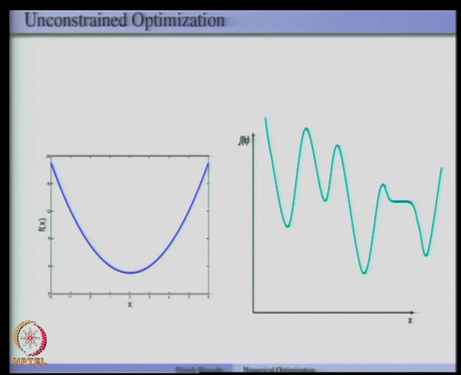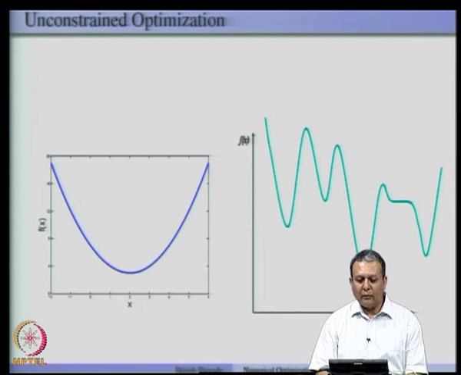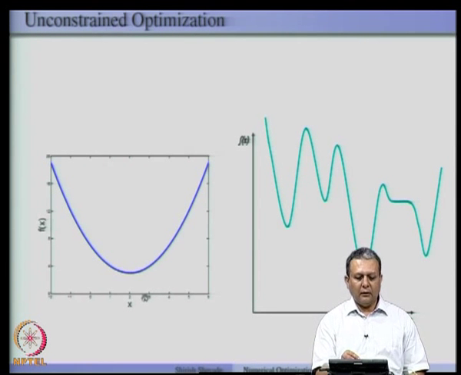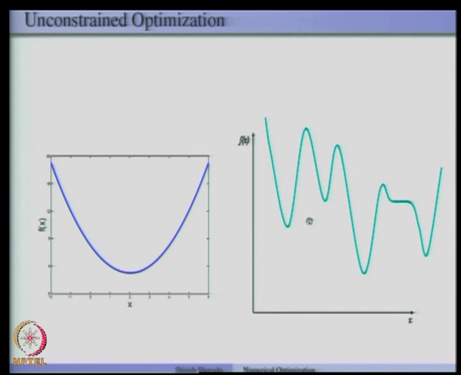So, now let us look at a general problem. On the left panel you will see the figure which we saw earlier in this lecture, that the function is very nice and attains minimum at a single point, and on the right panel you will see a function where there are lots of peaks and valleys.